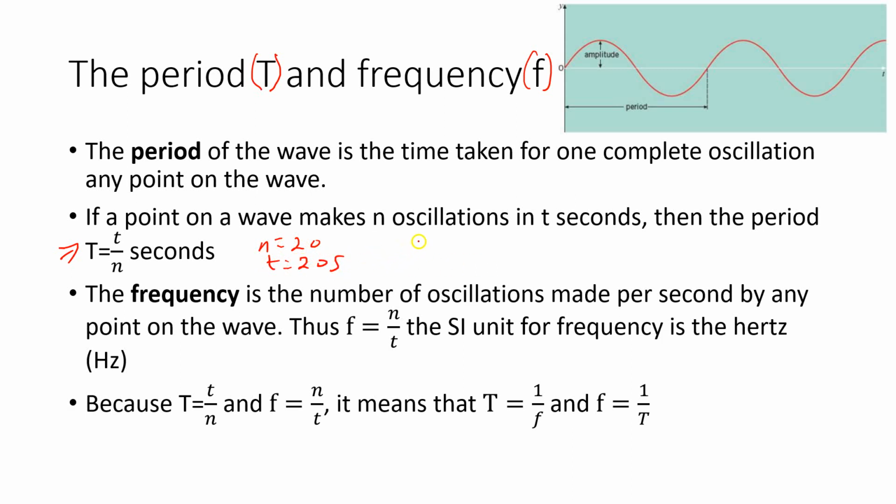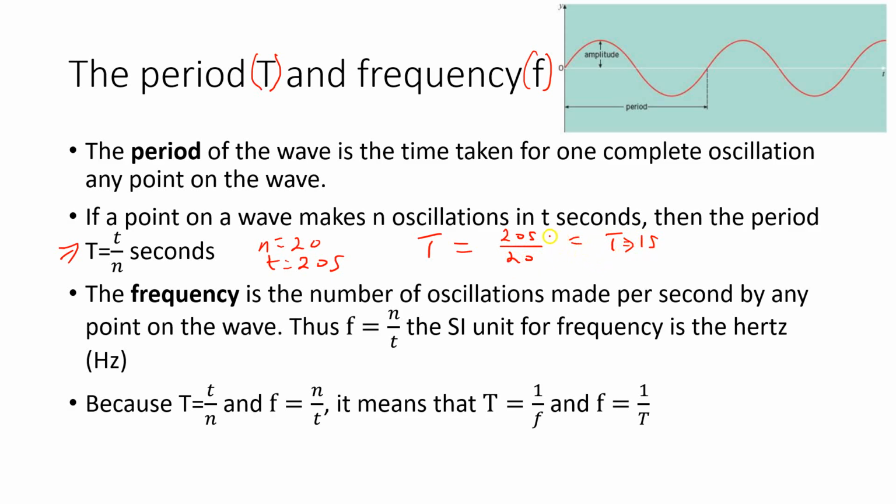Then what this tells us is that T, capital T, which is the time period to complete one oscillation, would be the time taken, which is 20 seconds, divided by the number of oscillations, which is 20, which tells us that the time period is going to be 1 second. So that would be the time taken to complete one oscillation.